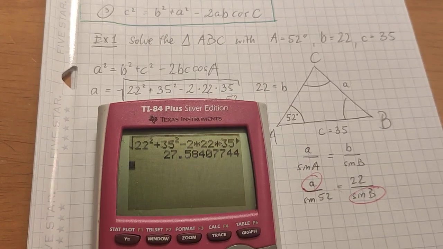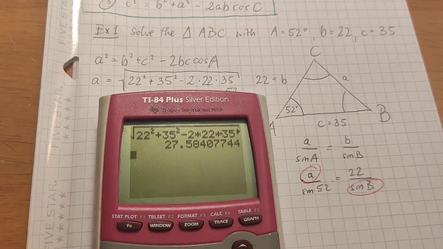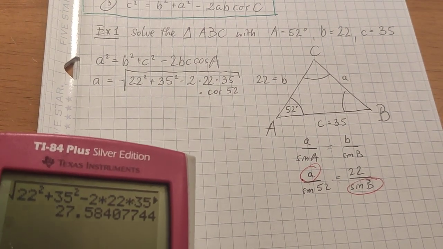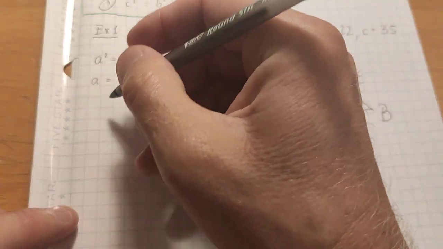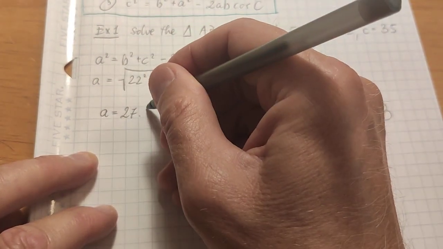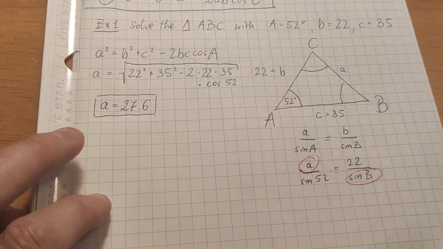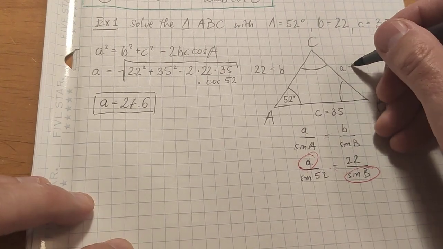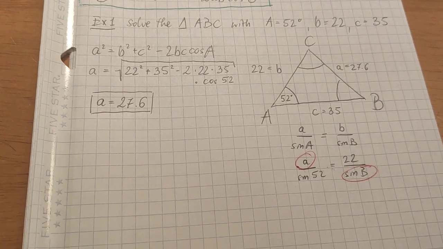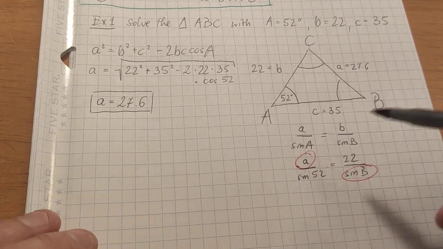Your book says that you should round it to one decimal place. So it's going to be 27.6. This is length a. Now this is given, 27.6, and we're going to use the law of sines.